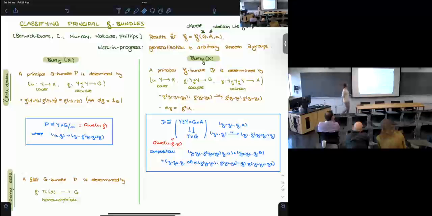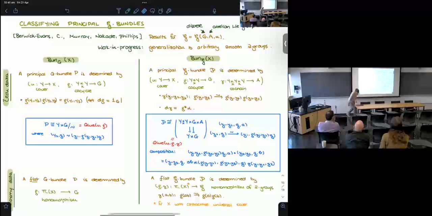So that's a classification in terms of Čech-style data, trivializations and transition functions and things like that. If we now consider flat G bundles, and just formally, let's say that a flat curly G bundle is: we put the discrete topology on curly G, and we look at bundles for that. So the classical story is that it's determined by homomorphisms from pi 1 into G, and we can generalize that, at least in some settings.